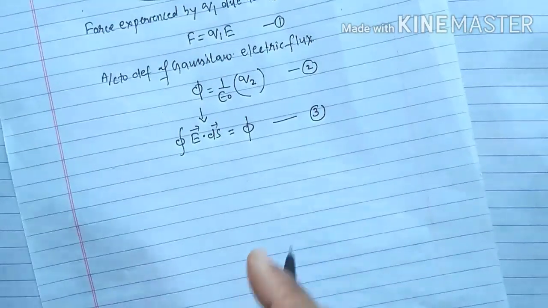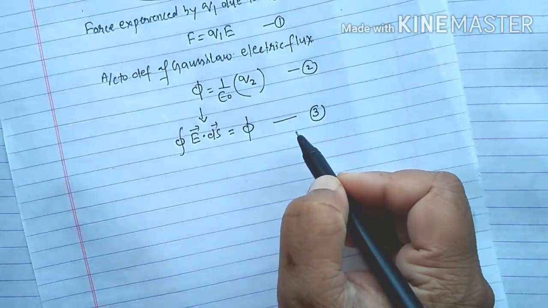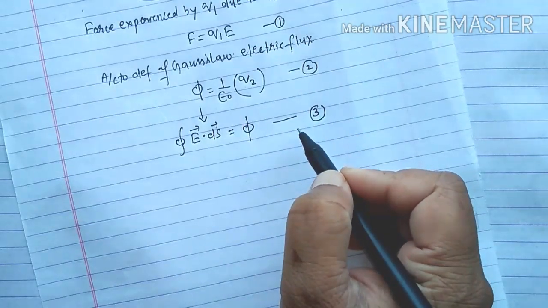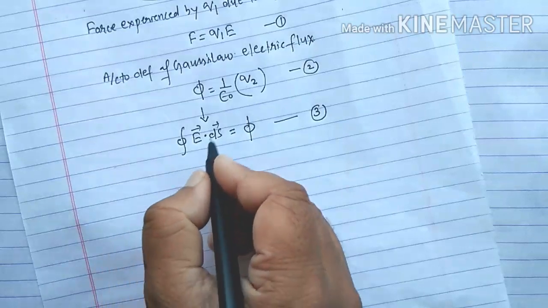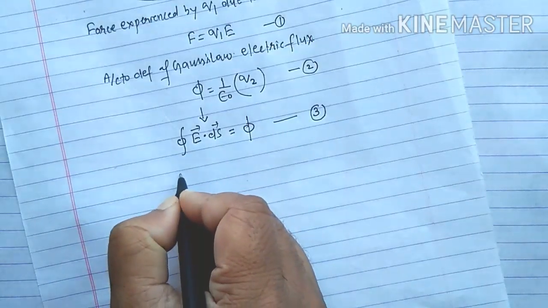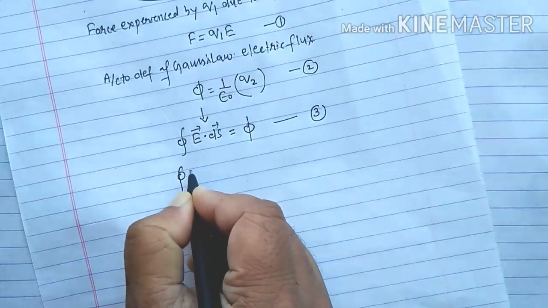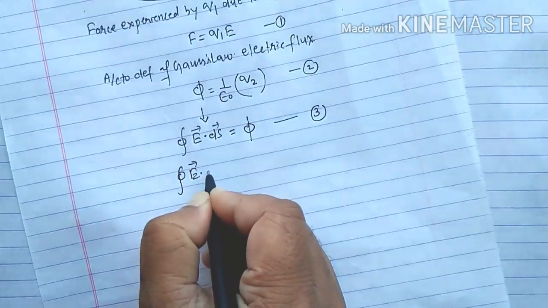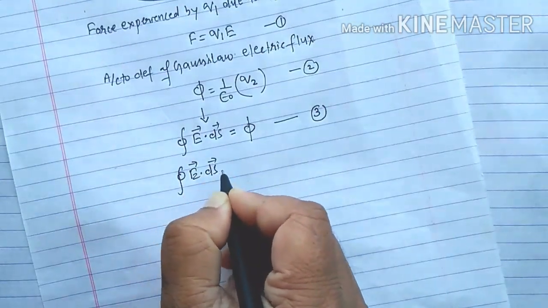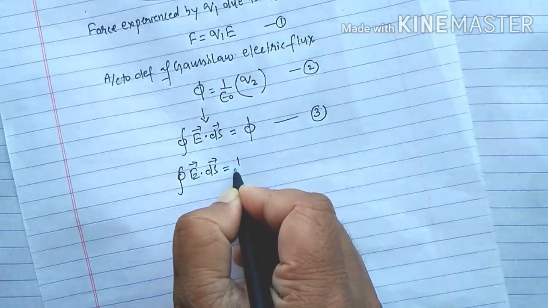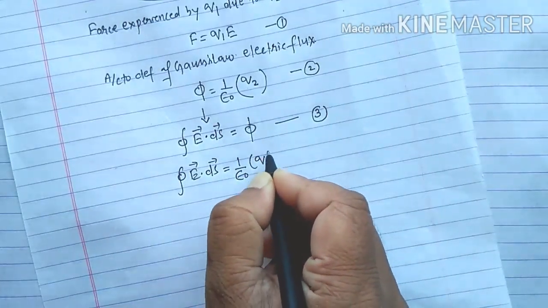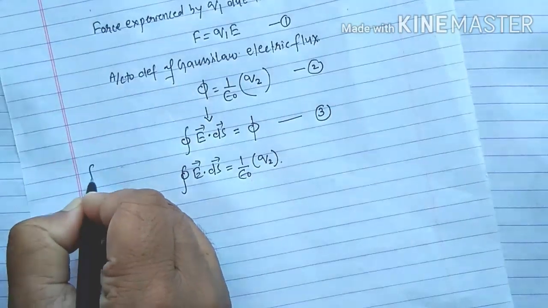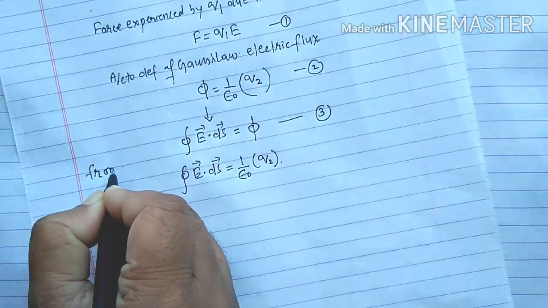So if we compare equation number 2 and equation number 3, both are same. If we equate these two, phi is equal to phi. So surface integral of electric field over a closed surface is equal to 1 upon epsilon naught times total charge enclosed in that Gaussian surface, from equation number 2 and 3.